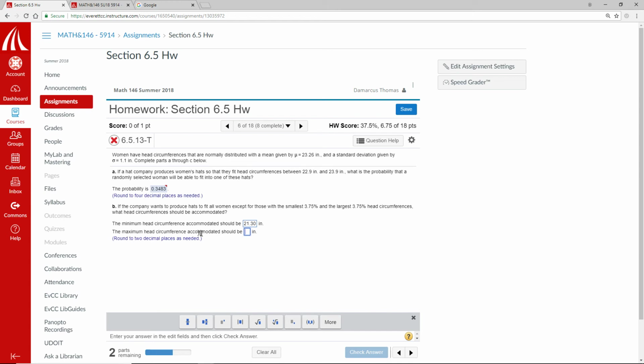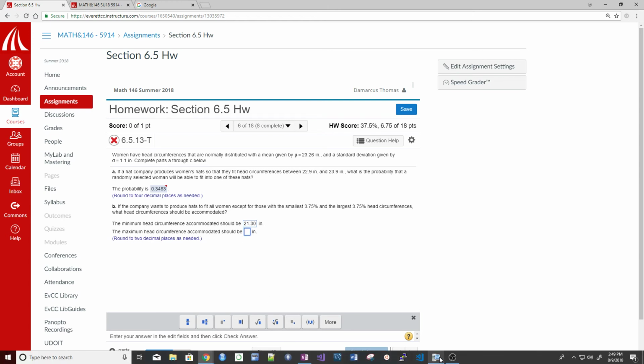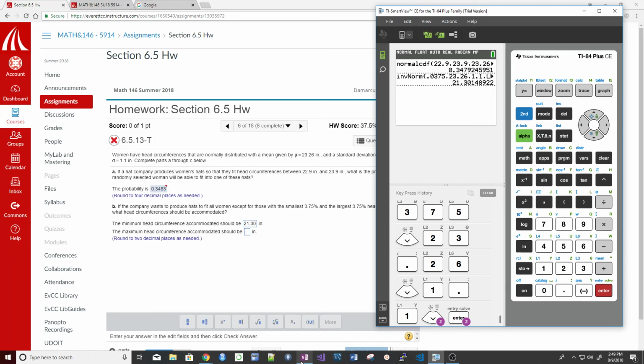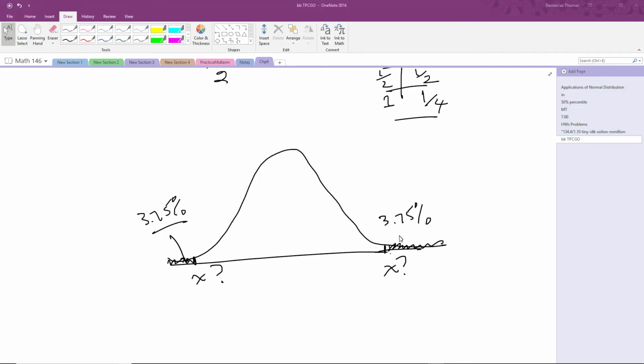Now, the maximum head circumference. The maximum is here on this side, but inverse norm doesn't work to the right. You have to enter it into the left.